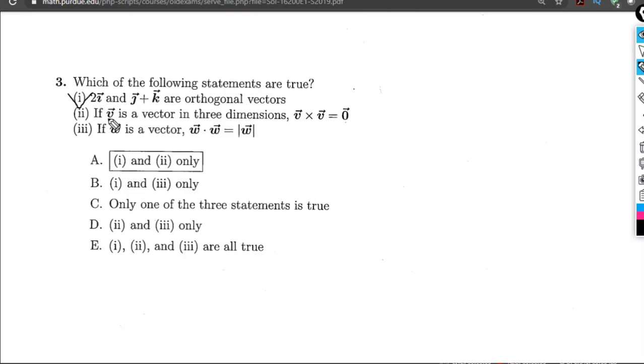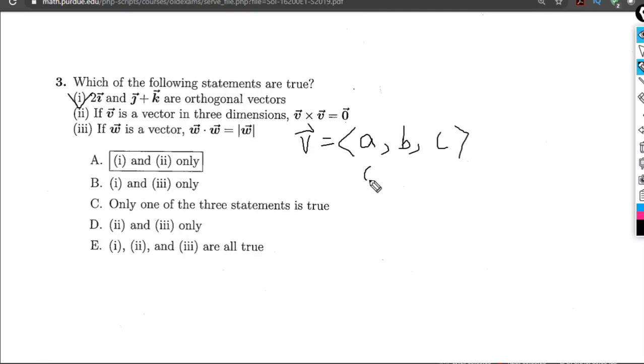Number 2: if v is a vector in 3 dimensions, then v cross v equals 0. For these questions, you can generally just set an arbitrary value, let's say v has components a, b, and c.